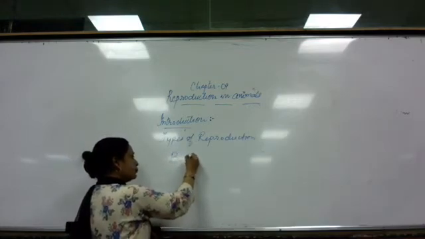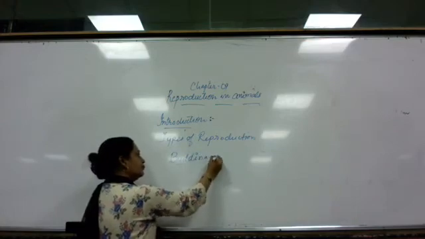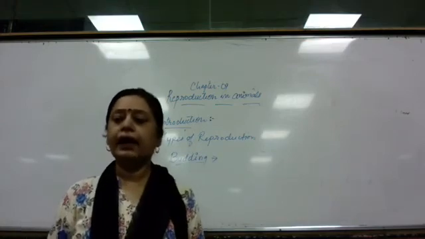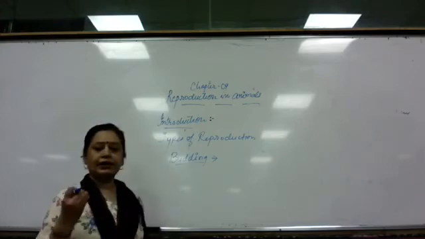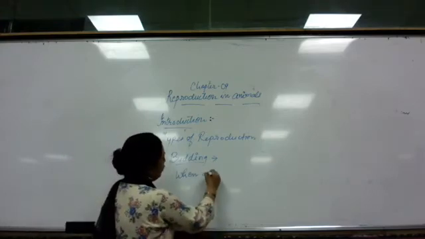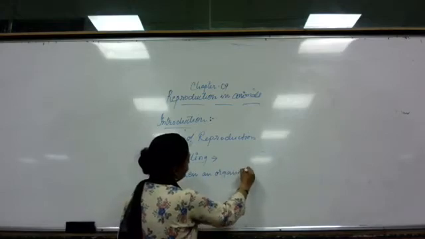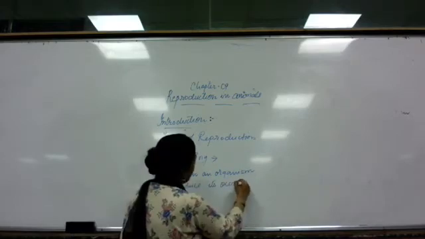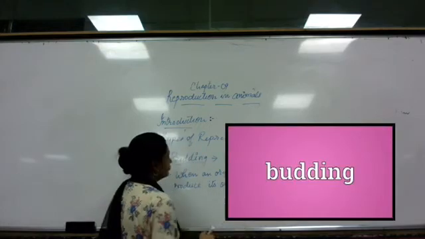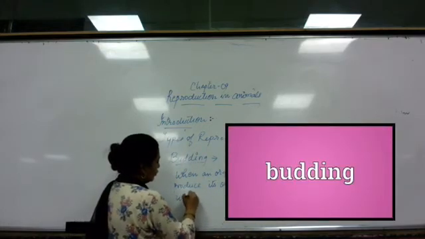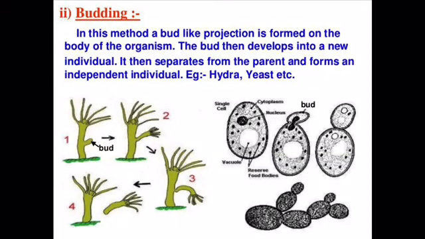budding. Last year you must have seen budding in Hydra and yeast. When an organism reproduces its own kind with a protruding part, it is called budding.